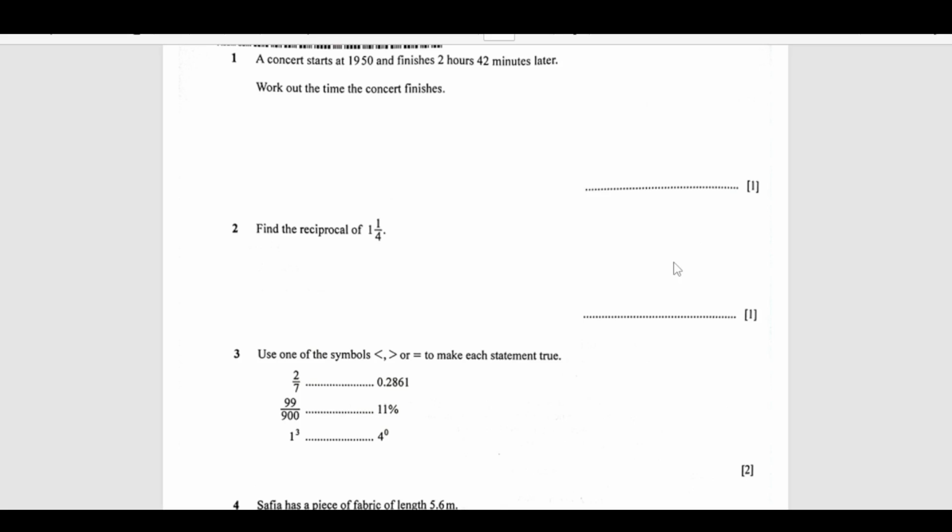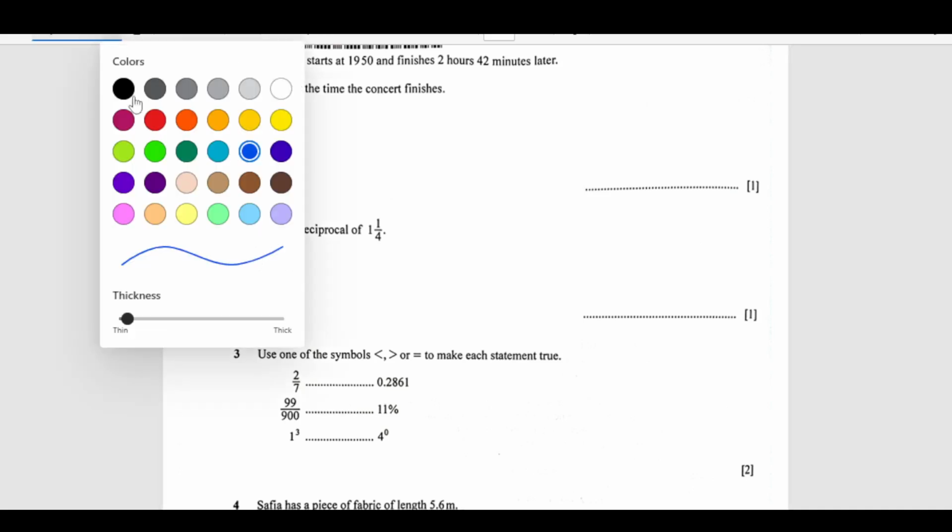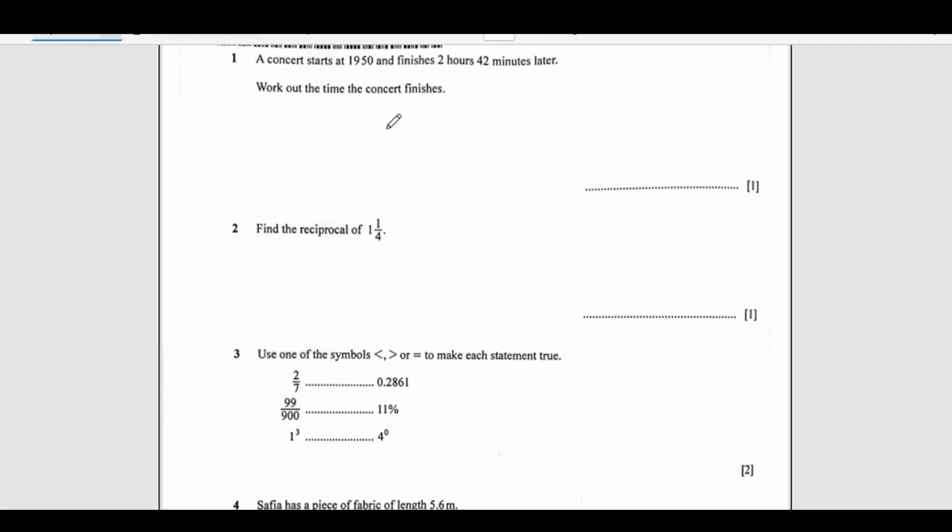The concert starts at 1950, right? So this is the start time 1950 and it ends in 2 hours and 42 minutes later. So we are going to add that.